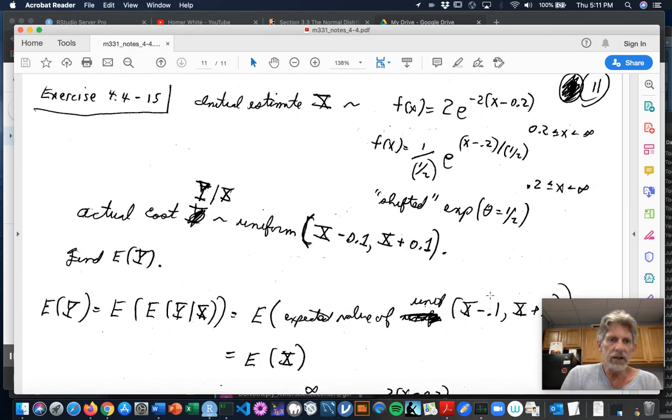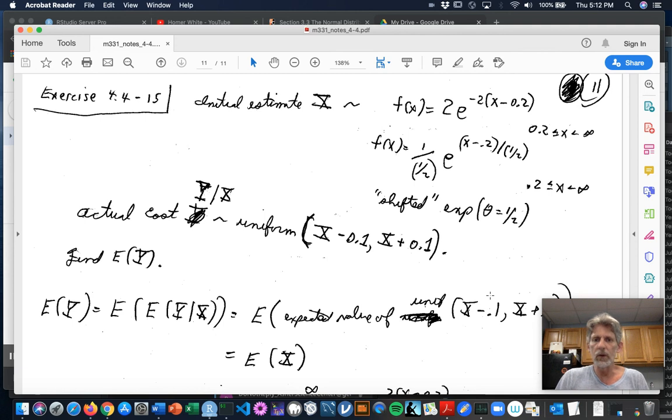Final chance to practice. How about number 15 in the section? So this one is about an auto mechanic. People bring things for him to repair, and he makes an initial estimate, and then he has a final cost. The final cost is always a little bit off of the initial estimate, but it's equal to the initial estimate on average.